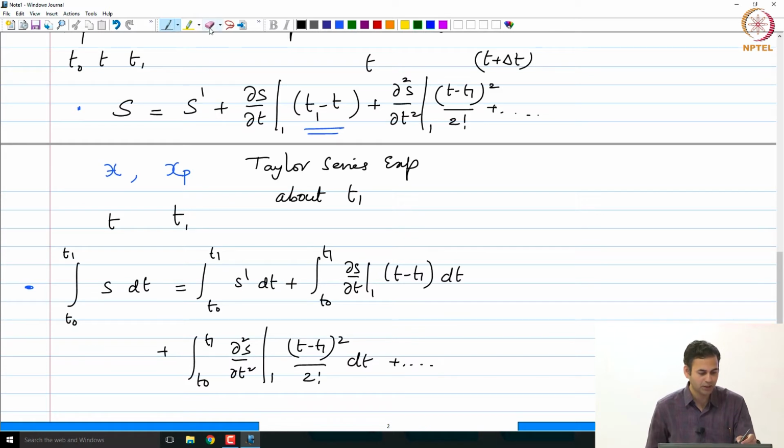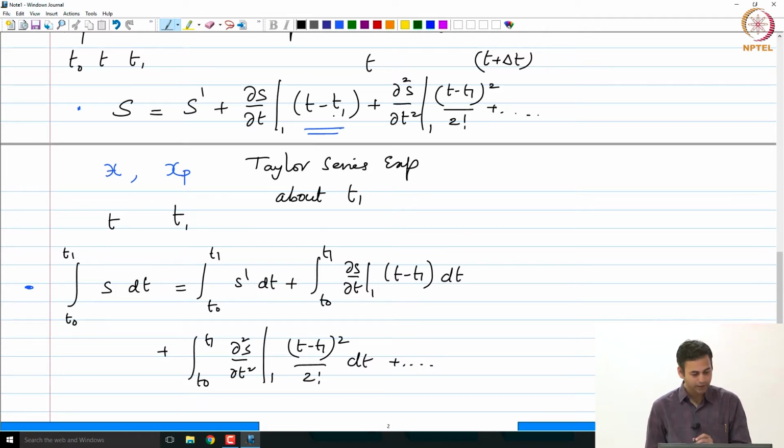So, this is basically T minus T1. The values at 1 are known, or we are actually expanding about the next time level values. So, this is kind of a forward value we are using. Fine. Other questions?